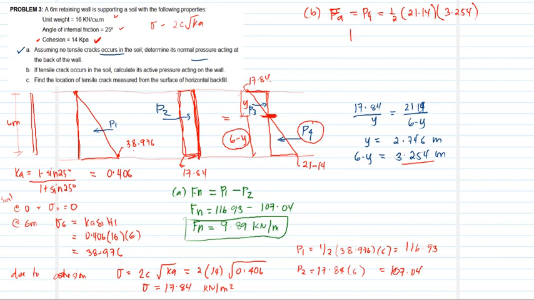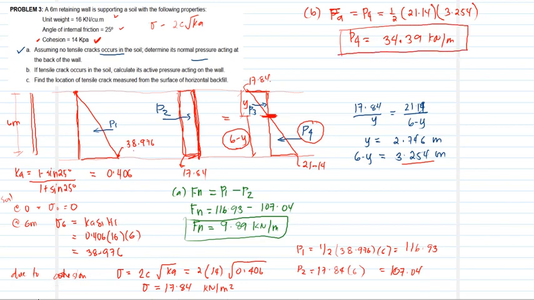So, ano yung magiging value natin for the active force? That is equal to 34.39 kilonewton per meter. So, this will be now our answer for letter B.